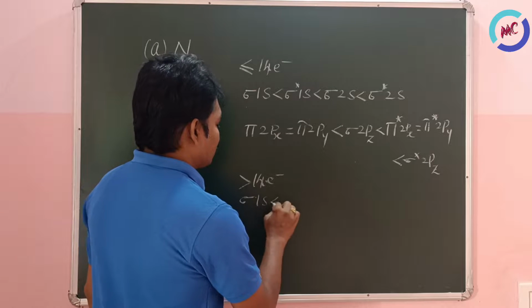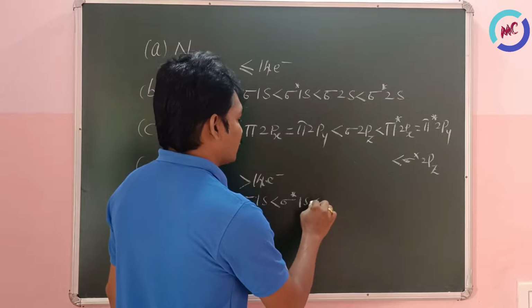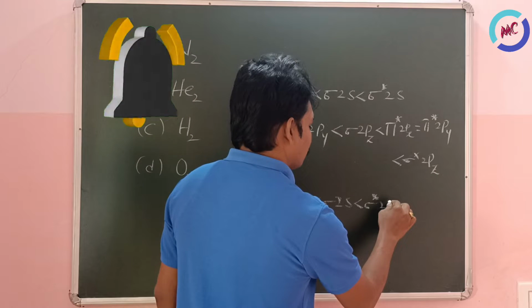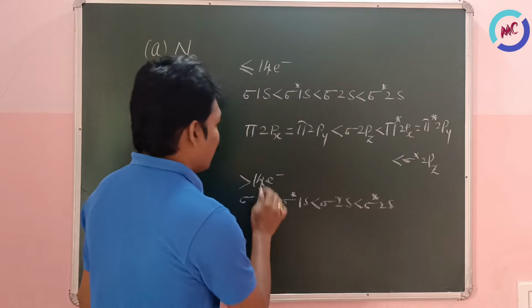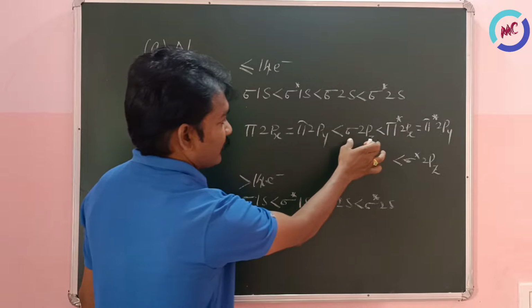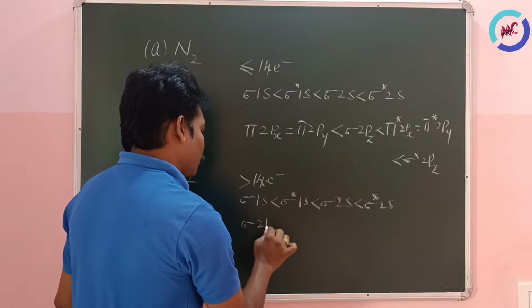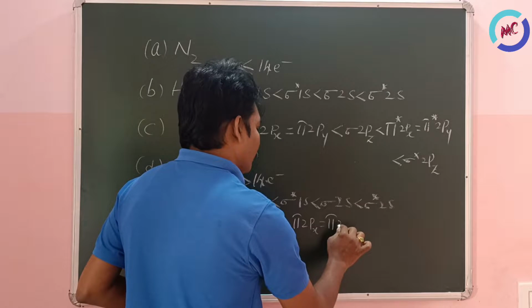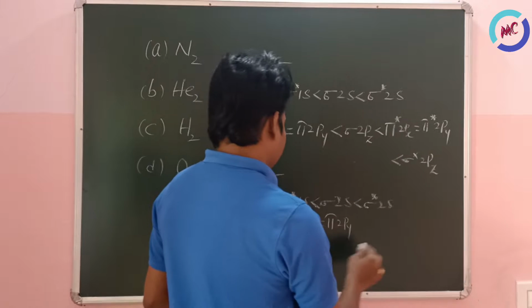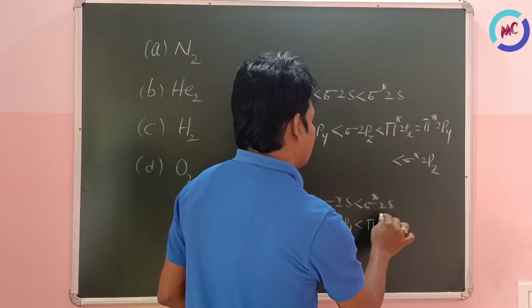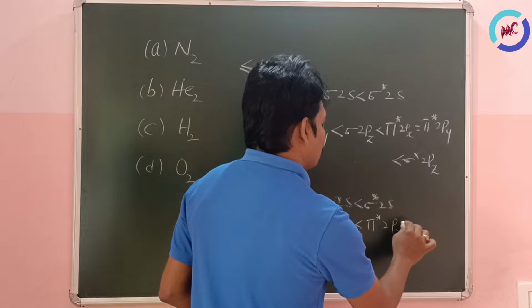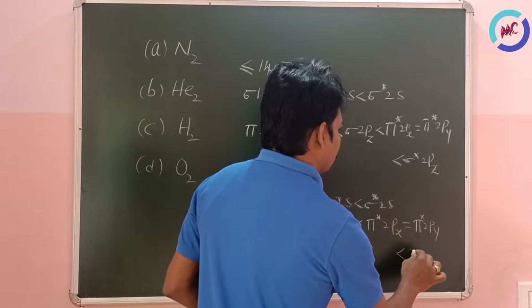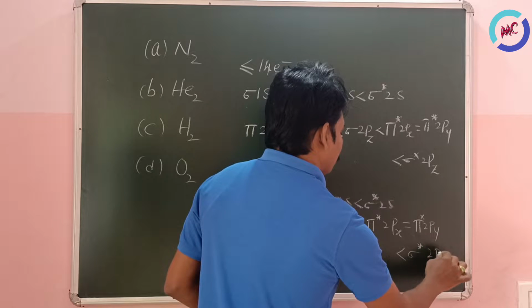Here sigma 1s, sigma star 1s, sigma 2s, sigma star 2s, and then instead of pi 2px, first sigma 2pz will come, and then pi 2px, which is equal to pi 2py, and then as before, pi star 2px, that is equal to pi star 2py, and then sigma star 2pz.